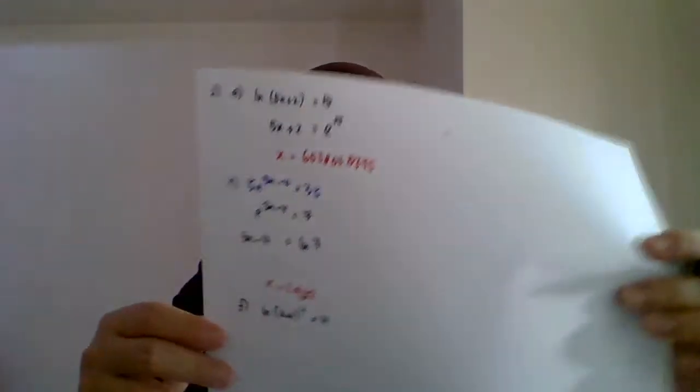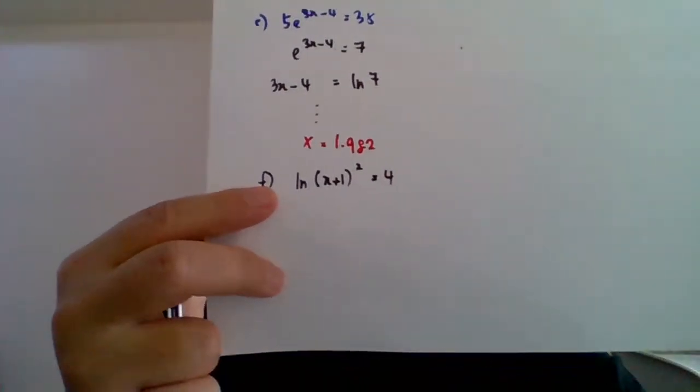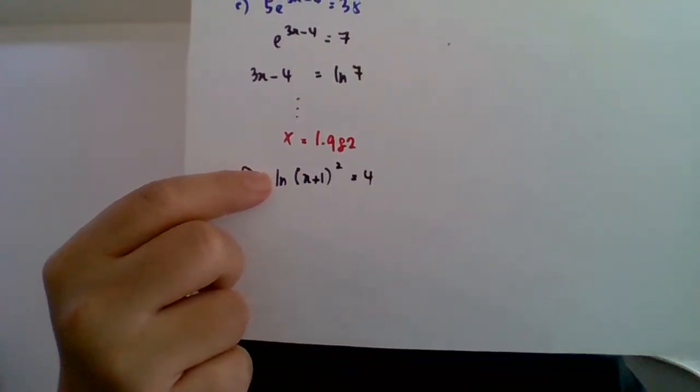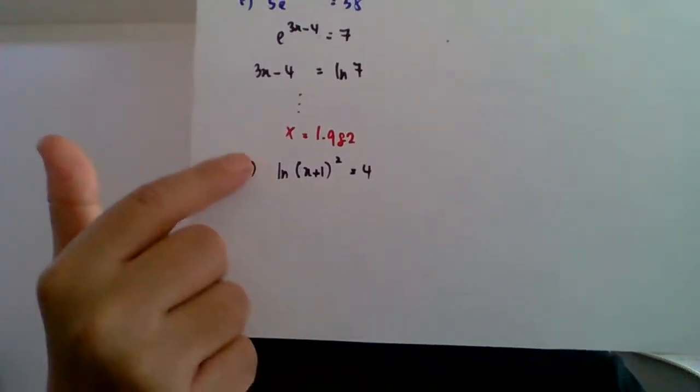Number 2C done. And next is 2F. For 2F, ln of x plus 1 squared equals 4. This is the question for F. Now, we have ln. So how to solve this problem?